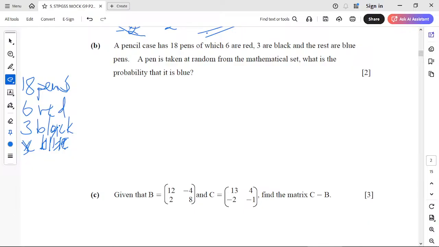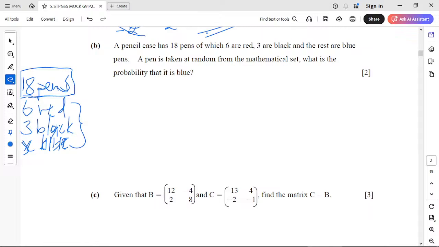in the pencil case. We are told that the total number of pens in the pencil case is 18. So that means when we add these 3 types of pens, we should get 18.